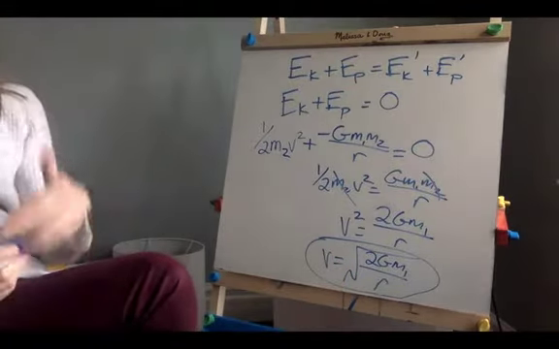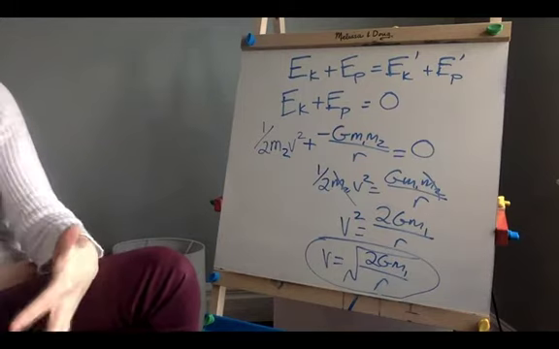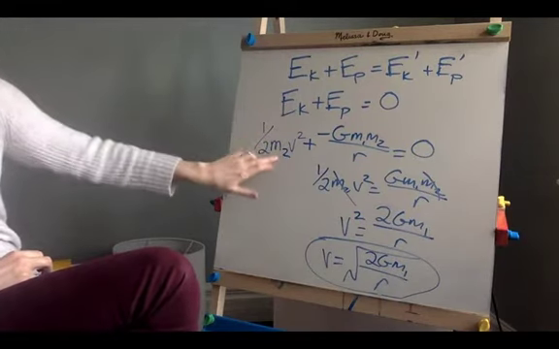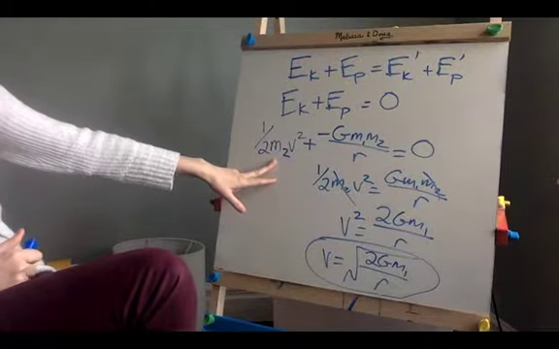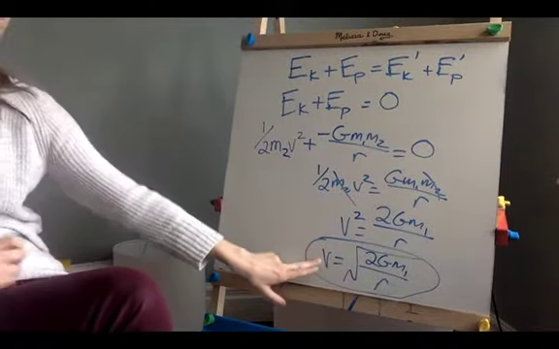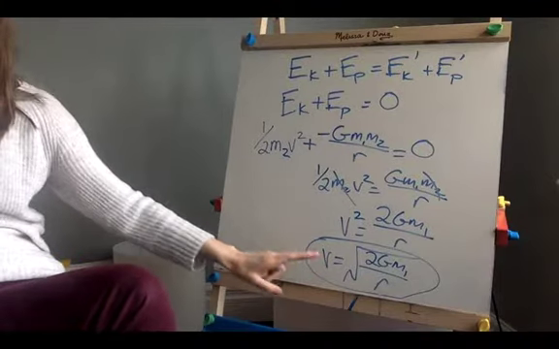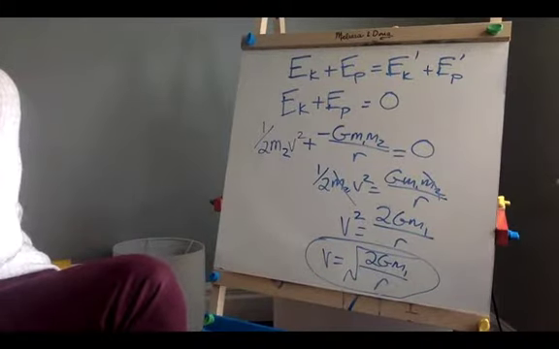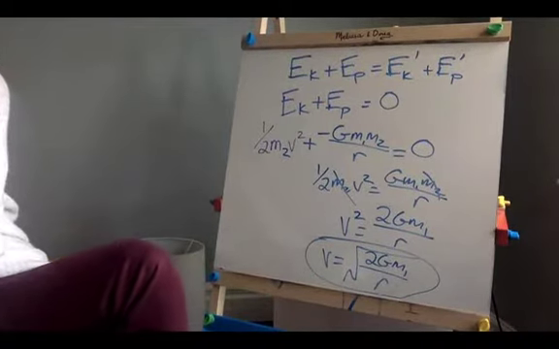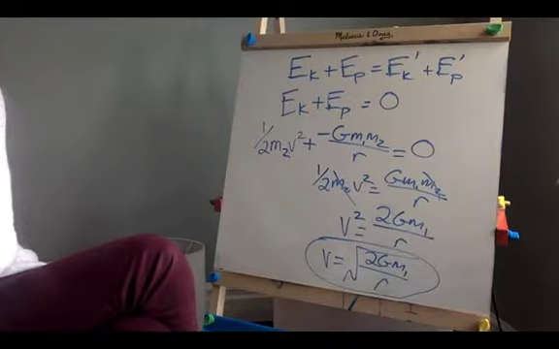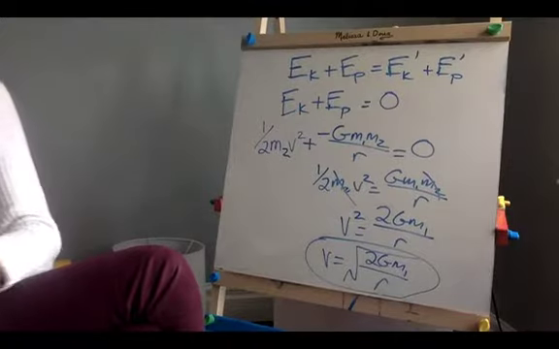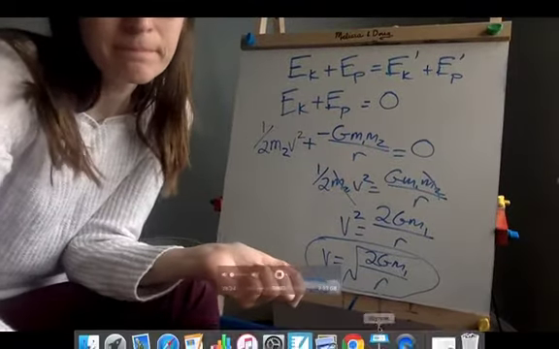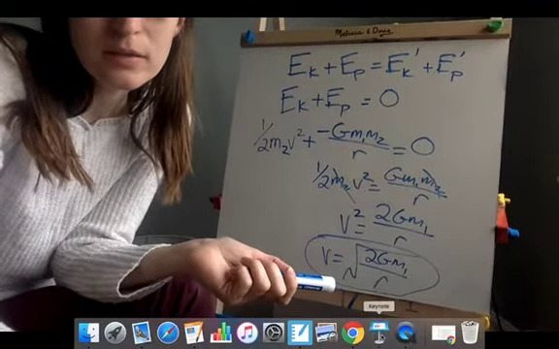However, if you were being specifically asked about the kinetic energy of that object, that's where your m2 comes into play. So when determining escape velocity, the mass of whatever we're dealing with doesn't matter. However, it does matter for solving for kinetic energy, solving for EK. All right, back to the slides.